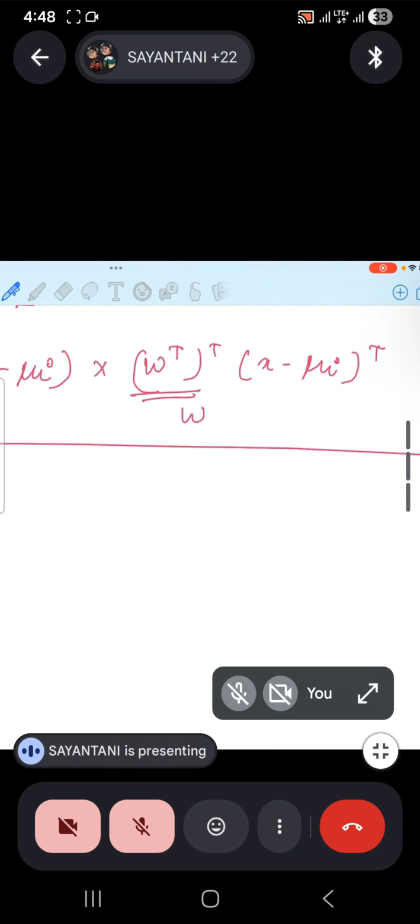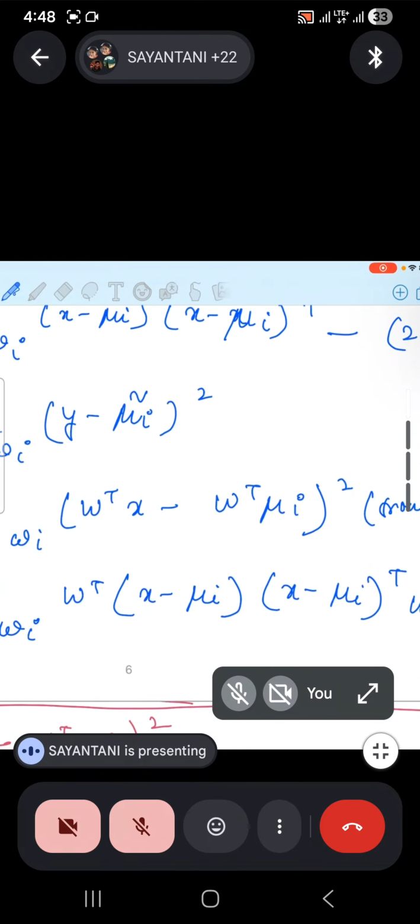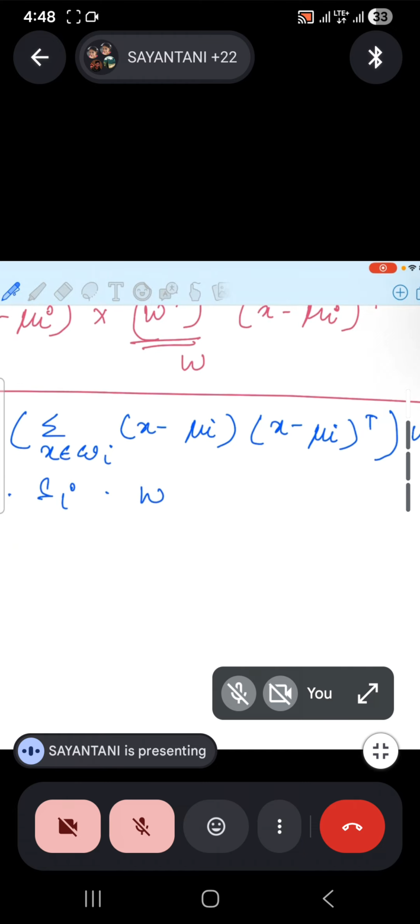So finally, what we get is I can take W transpose outside and W outside, with the sum over X in omega I of (X minus mu I)(X minus mu I) transpose in the middle. You know this from equation number 2, W transpose into SI into W. This middle part is SI. I'm simply replacing it by SI. So this is from 2.